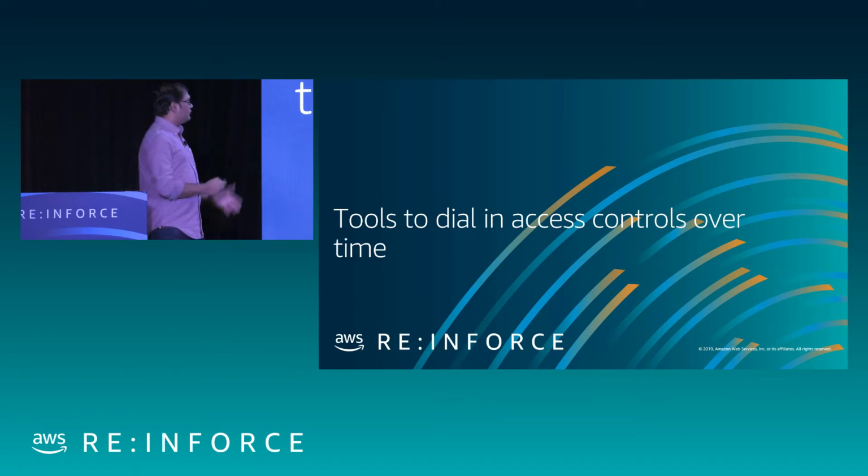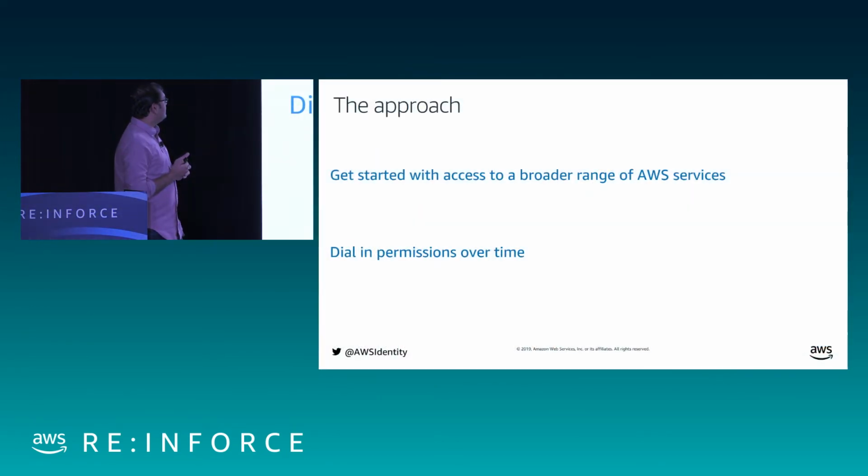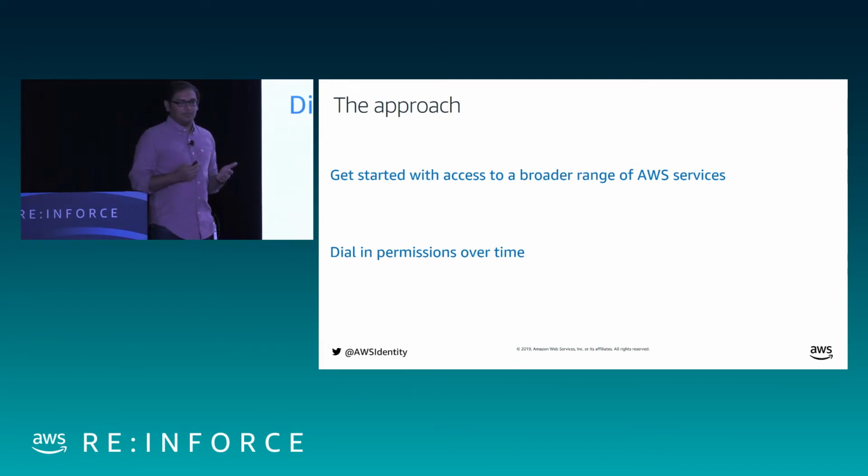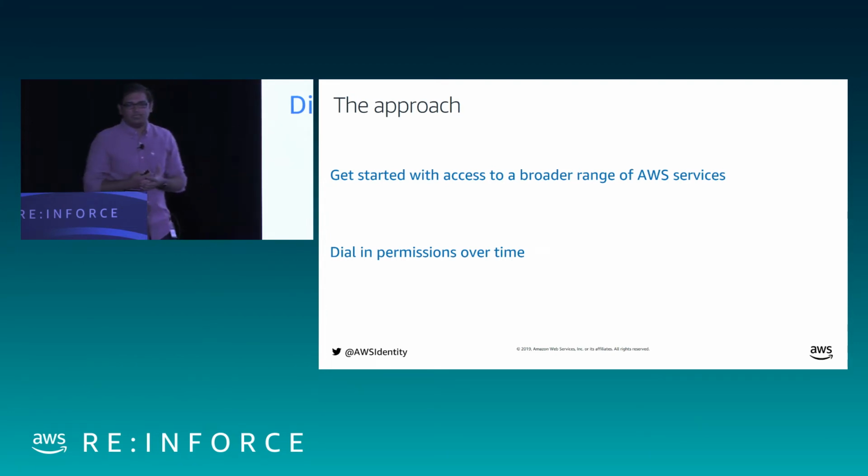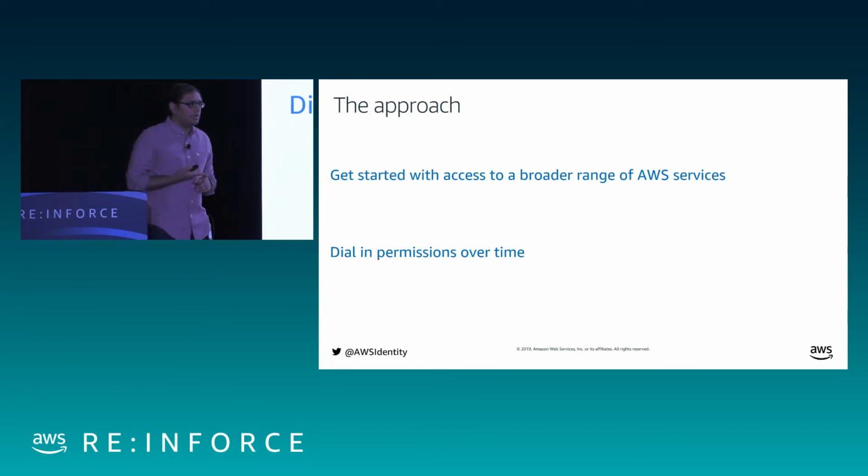All right, so for the focus of this session, let's look at the tools that help you dial in permissions over time. It's basically a very simple approach. In order to get started, you define your guardrails and your IAM policies in a way that is broader by nature, because you don't know, let's say you're starting a new project or you started creating new microservices, what services you're going to use or what resources are going to be helpful.